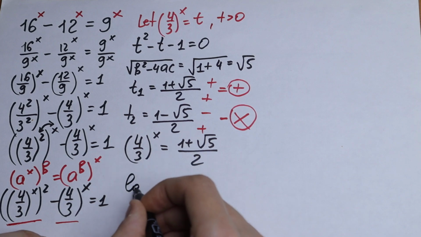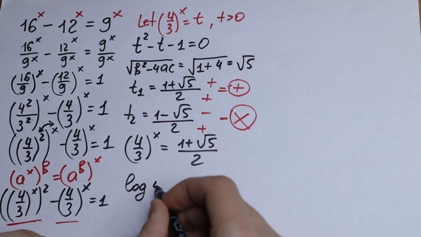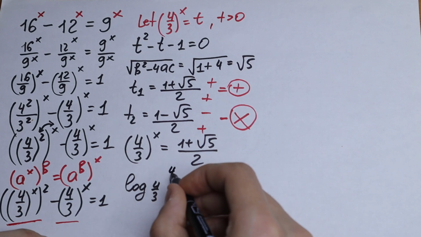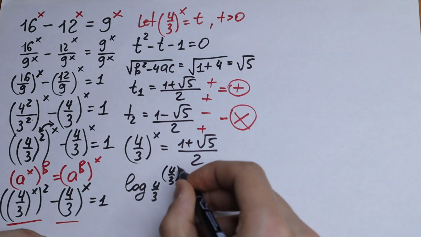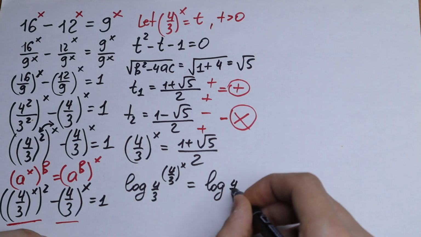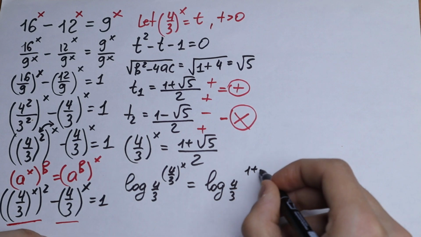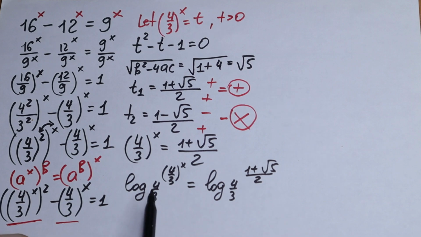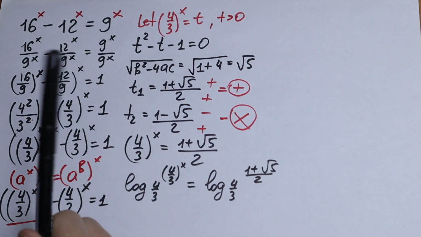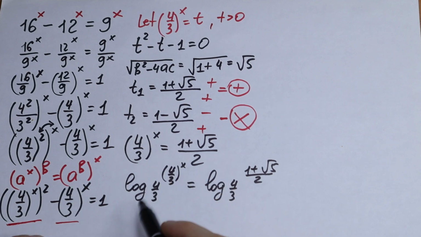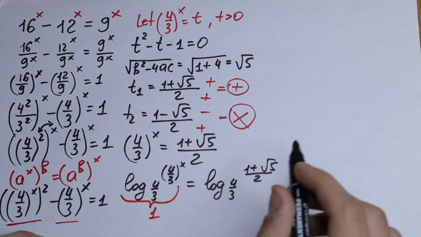Let's take log base 4 over 3 on the left, (4/3) raised to the power x, and on the right, log base 4 over 3 of 1 plus square root of 5 over 2. So as you can see right here, this is the main log property, so we have the same base right here and the same number right here, so this log will be equal to 1, which is good for us.